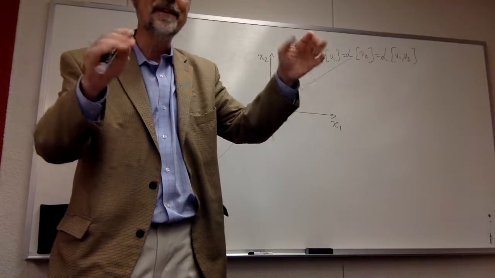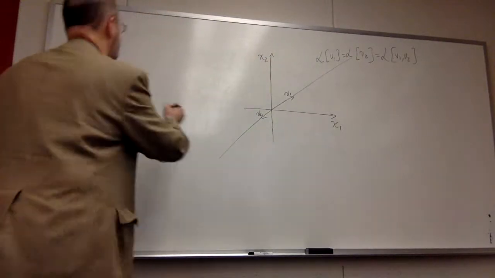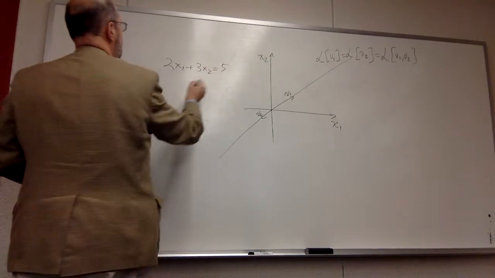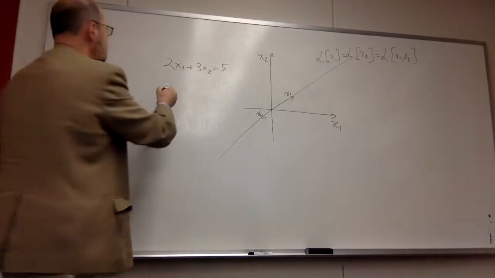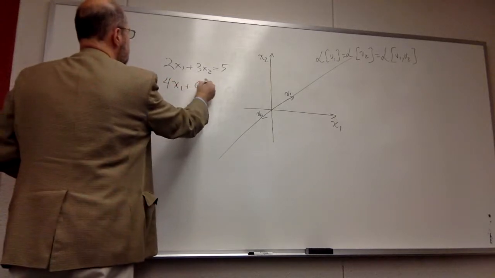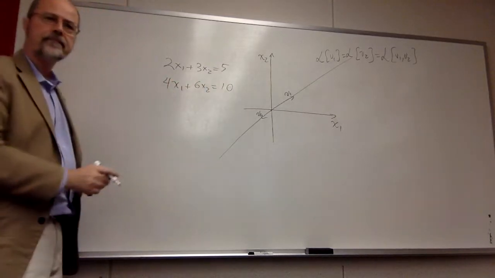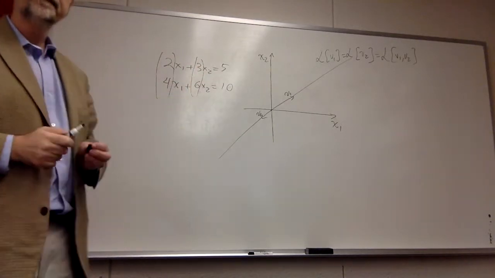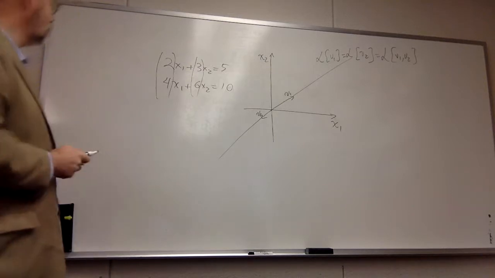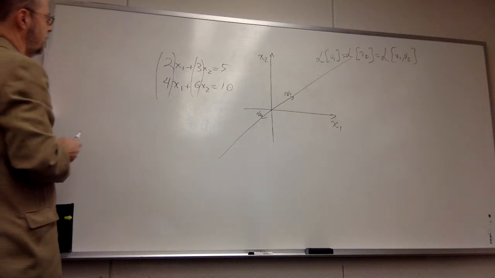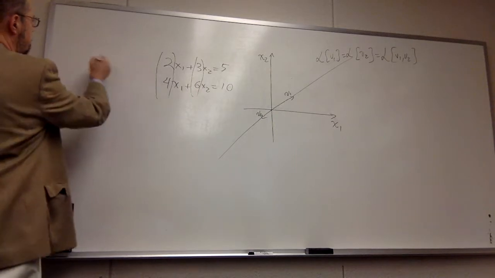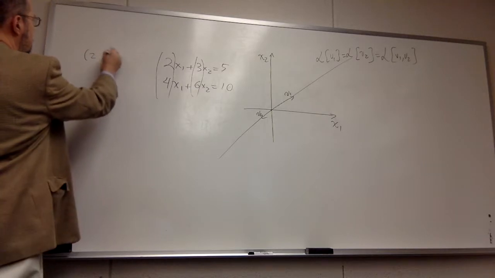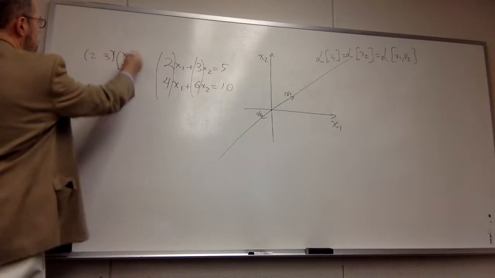So, for example, I had 2x1 plus 3x2 is 5. I think I might have had exactly that actually. And 4x1 plus 6x2 is 10, right? So you can think of these vectors also as the columns, right? So what does it look like? Well, this first equation is the vector (2, 3) times (x1, x2) equals 5.